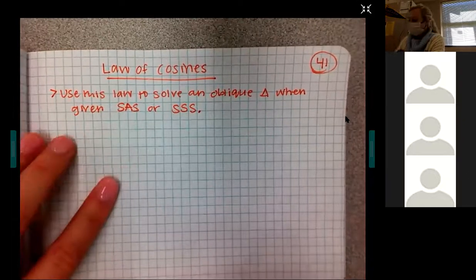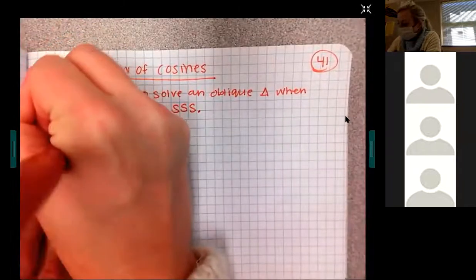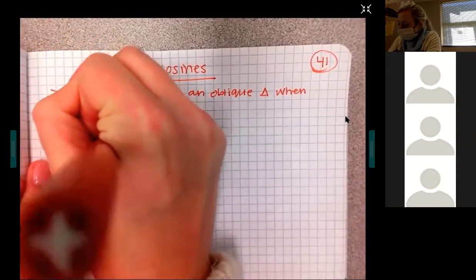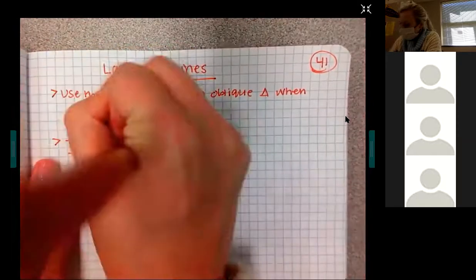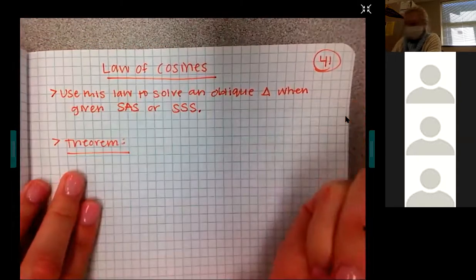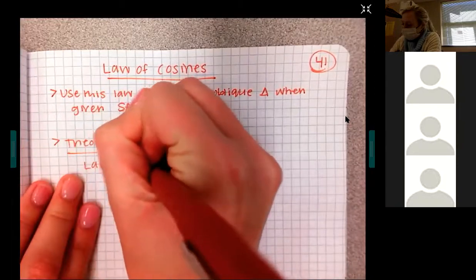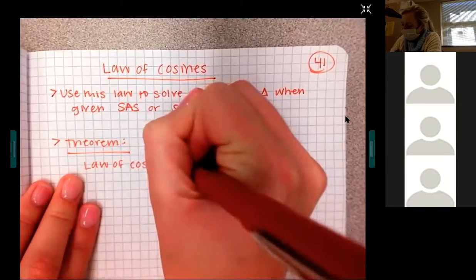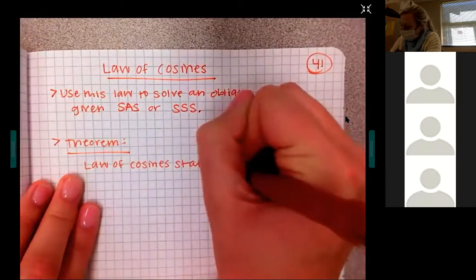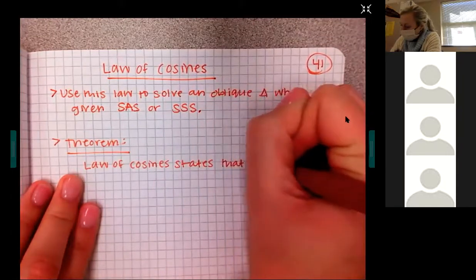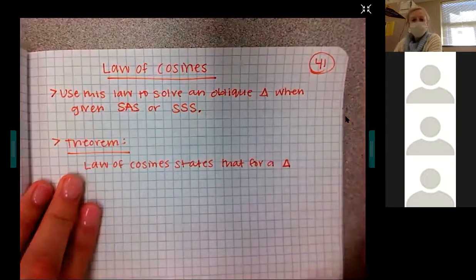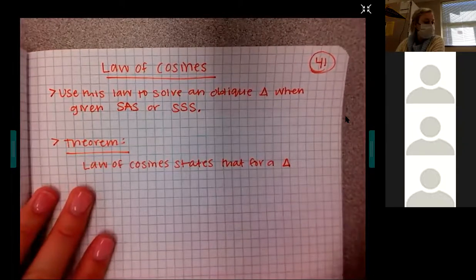All right, so let's go ahead and write down what the law of cosines is. I'm just going to write it and have you copy, and then we'll talk about it.